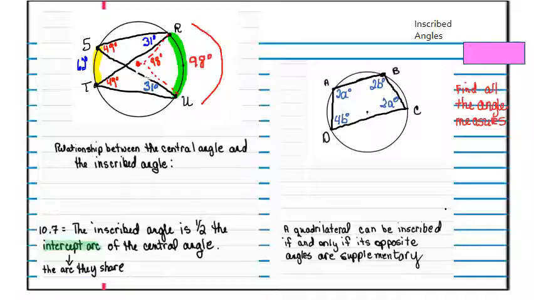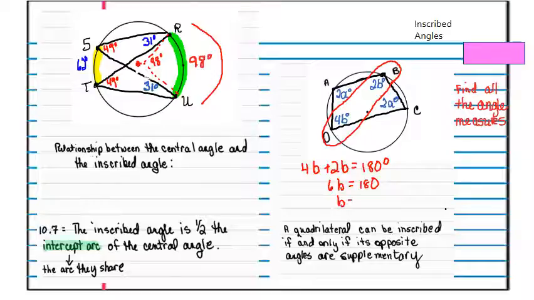Now, a quadrilateral can be inscribed if and only if the opposite angles are supplementary. So we have to take a look at the opposite ones, like 4B plus 2B, and they have to be supplementary, so they have to equal 180 degrees, which is going to give me 6B equals 180 degrees, and so B is going to equal 30 degrees.